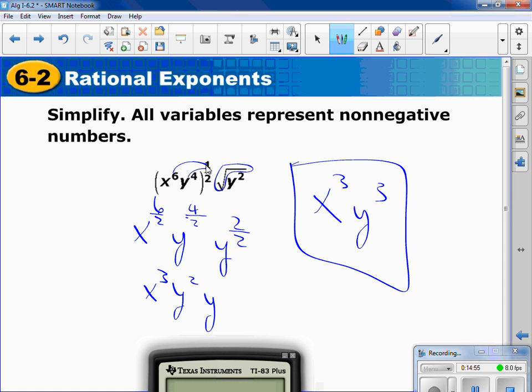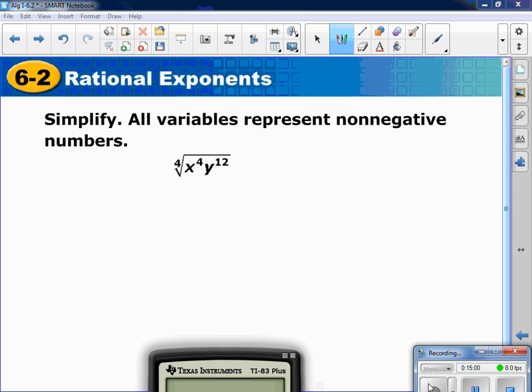You need to remember when you have a root, this means this has to divide all the exponents by 4. So it's x to the 4 over 4, y to the 12 over 4. What's 4 over 4? 1x, so I just write x.